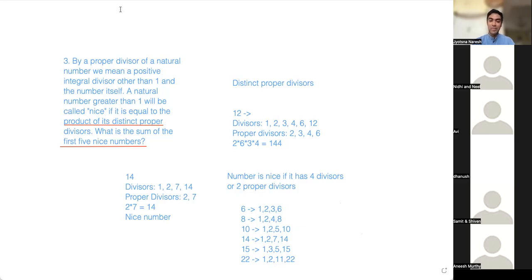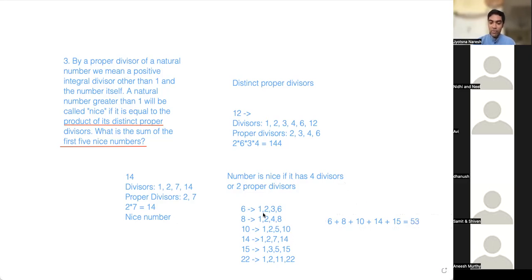So what would the answer be now? 43. Close. 53. Good, 53. So it's 6 plus 8 plus 10 plus 14 plus 15, right? So let's add these up. So 15 plus 14 is 29, plus 10, 39, plus 8 is 47, plus 6 is 53. So 53 is the answer.